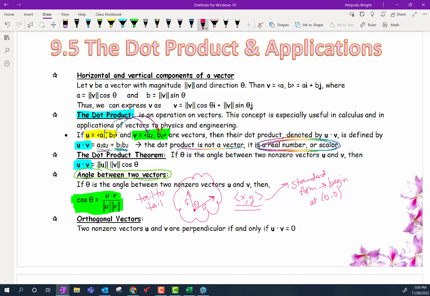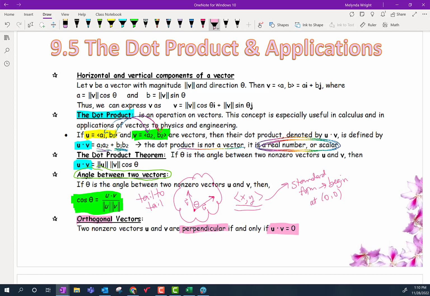The second thing we're going to be doing with the dot product is using it to determine if two vectors are orthogonal. Orthogonal means perpendicular. We can determine if two vectors are perpendicular to each other by simply doing the dot product and getting a 0.